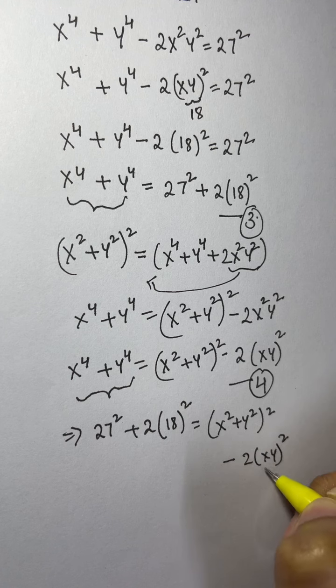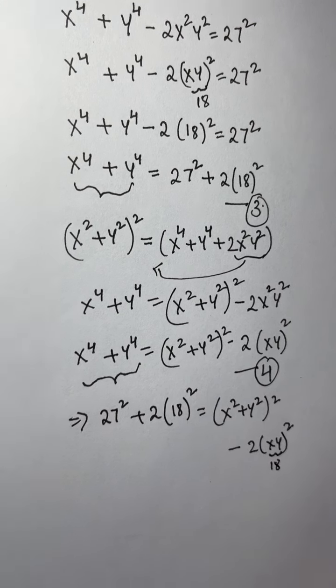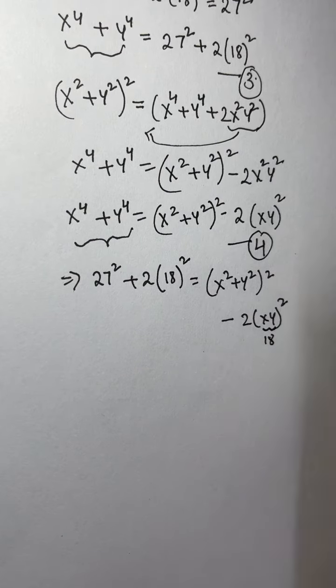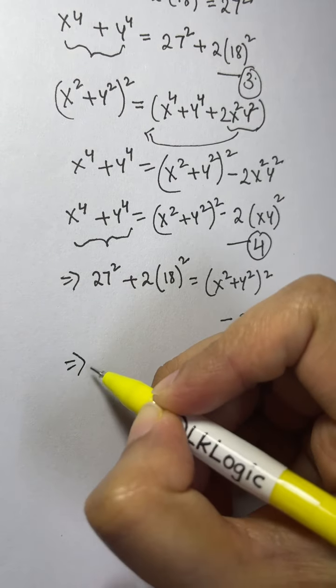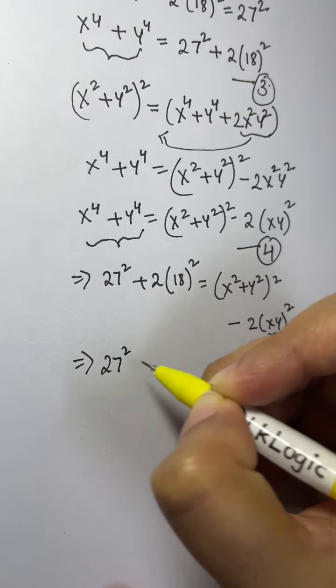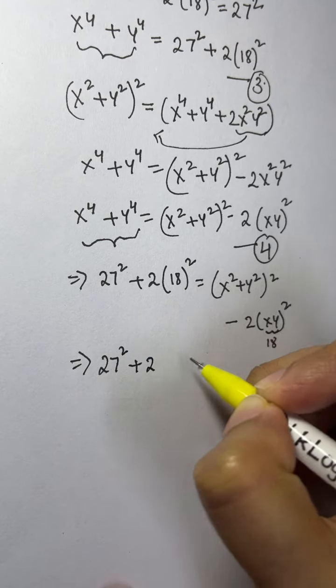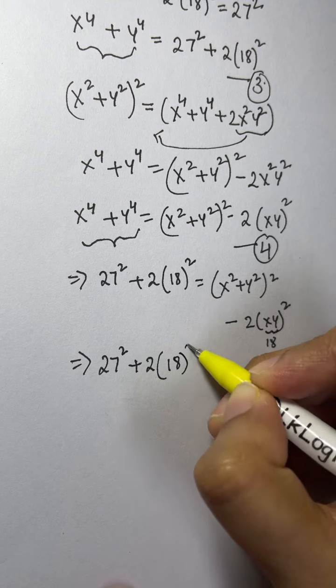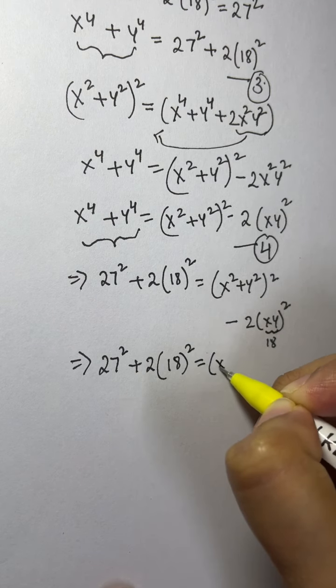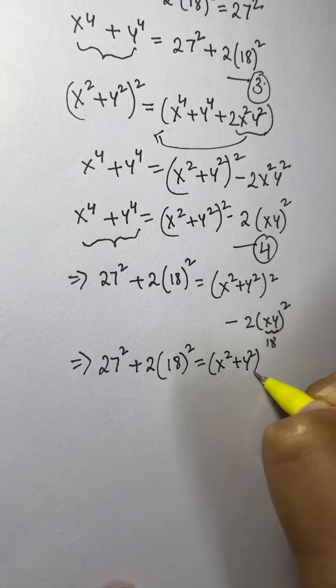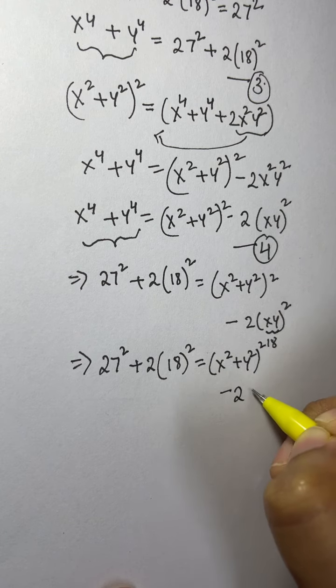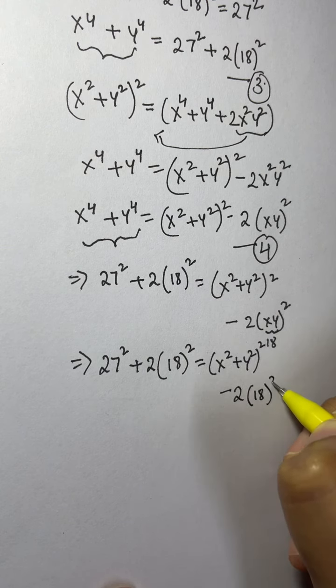The next step is, as I know xy is 18, isn't it? I'm going to substitute that here. So here I have 27 squared plus 2 times 18 squared is equal to x square plus y square the whole square minus 2 times 18 squared.